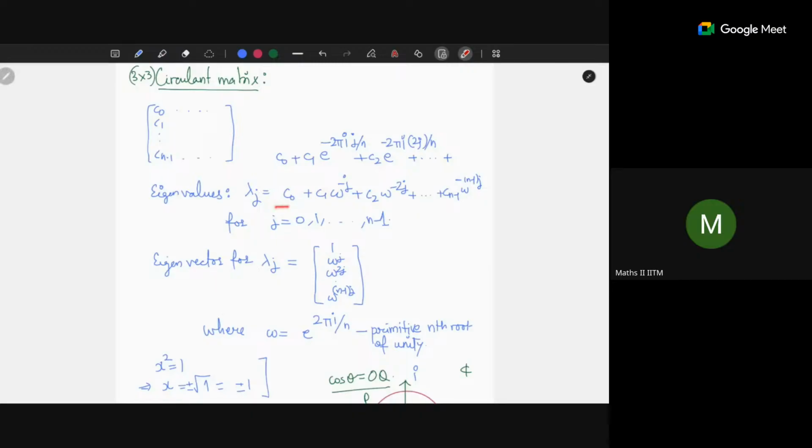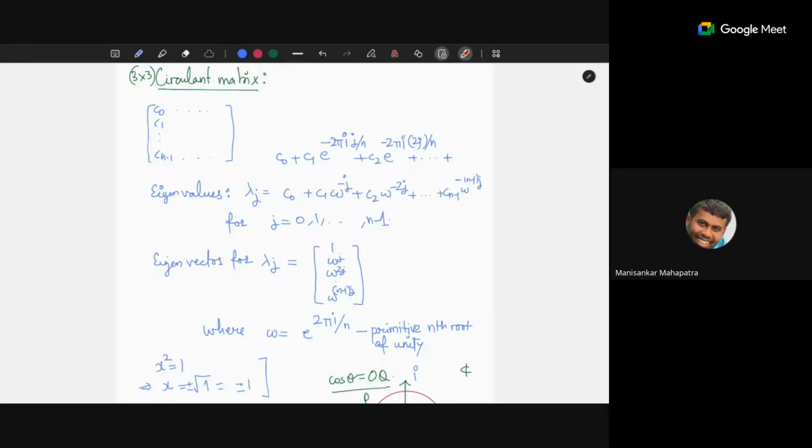This is a sum of complex numbers, and there are some relations on complex numbers which you can use to write this down and further solve it. Okay, sir.